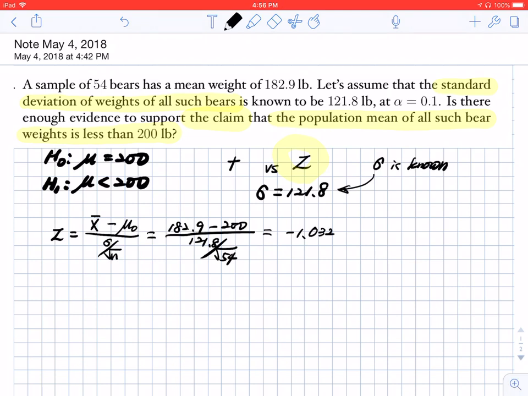And next, we need to find the critical value. The test statistic is negative 1.032. In this question, alpha is 0.1, which is 10%. And since the alternative hypothesis is mu is less than 200, our rejection region is the left-hand side, with a total shaded area of 0.1, or 10%, which I can draw.